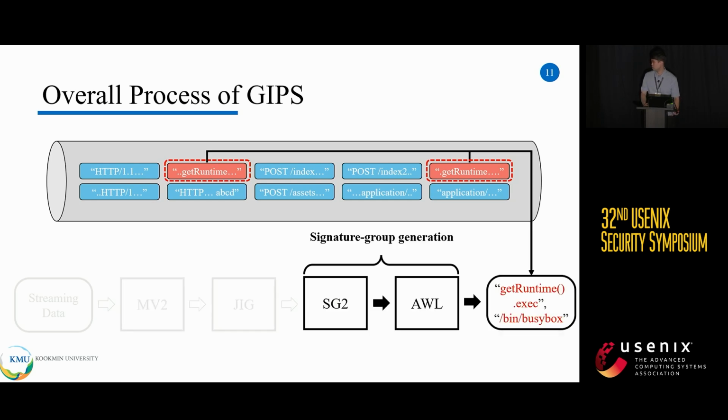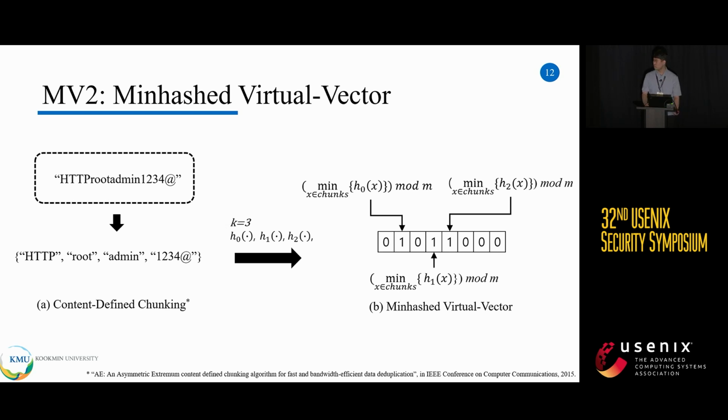Then the signature groups are generated by the SG2 and AW components. In the MV2 component, we vectorize the payload based on MinHash to identify the big group quickly. We first transform the packet payload into chunks, as in A. In this paper, we use a chunking algorithm called AE chunking for that.